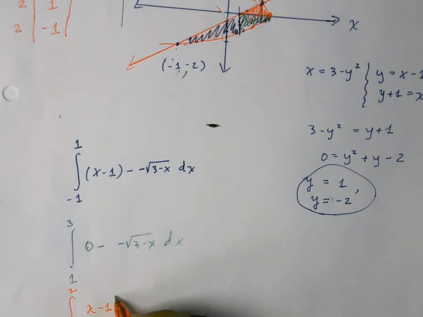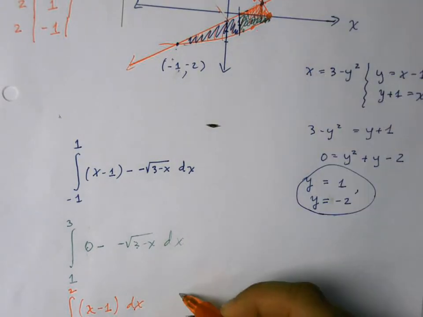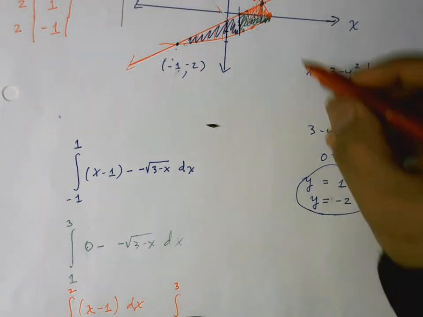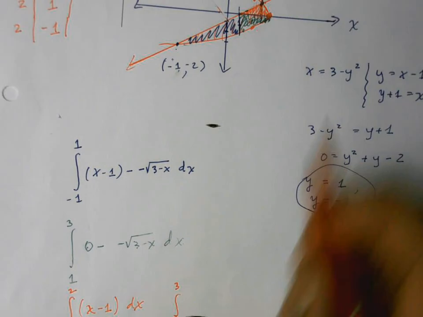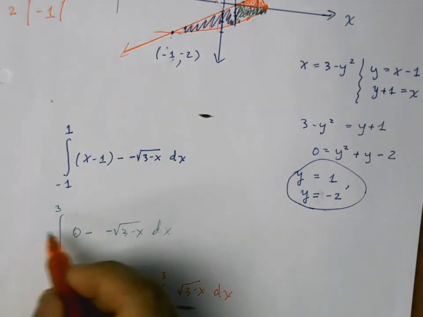And then you have the extra little curve out here, and that is the integral from 2 to 3 of the top curve here, which is positive root 3 minus x dx. And if you add up all of these integrals, then we'll finally get the answer that we're looking for.